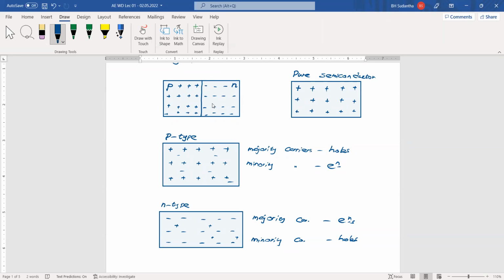Then this one can travel here. And then after getting this one, initially, what do we have here?